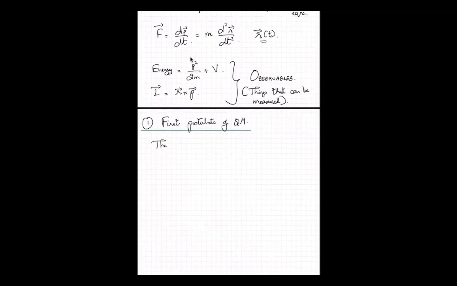The state of a physical system at any time t is defined by specifying a vector or a ket.